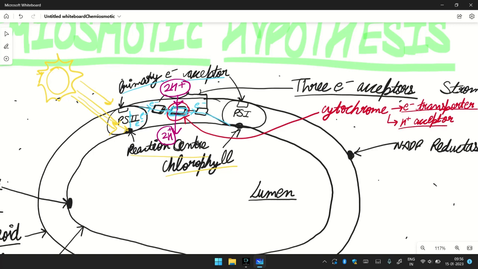So it is both an electron transporter and a proton acceptor.